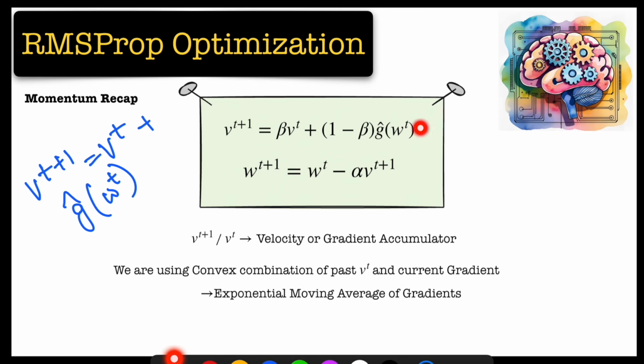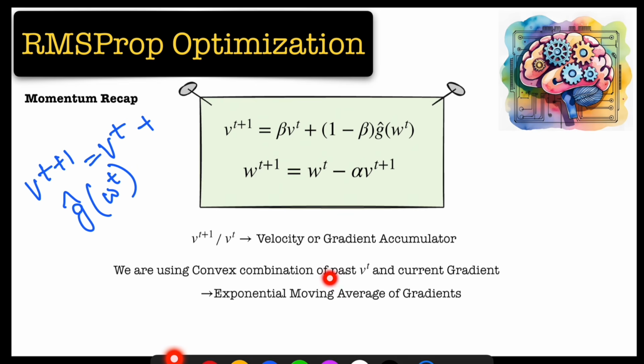This version is an improved version of momentum where we are using a convex combination. It is just to have a bounded, limited value for this gradient accumulator. So this Vt plus 1 or Vt is the velocity or gradient accumulator.